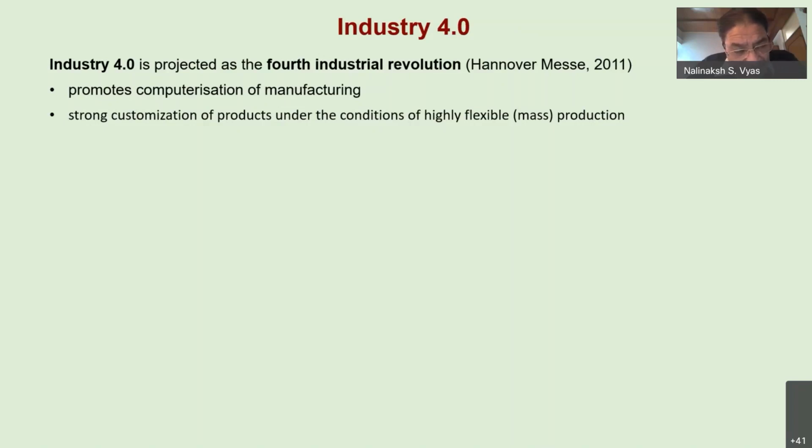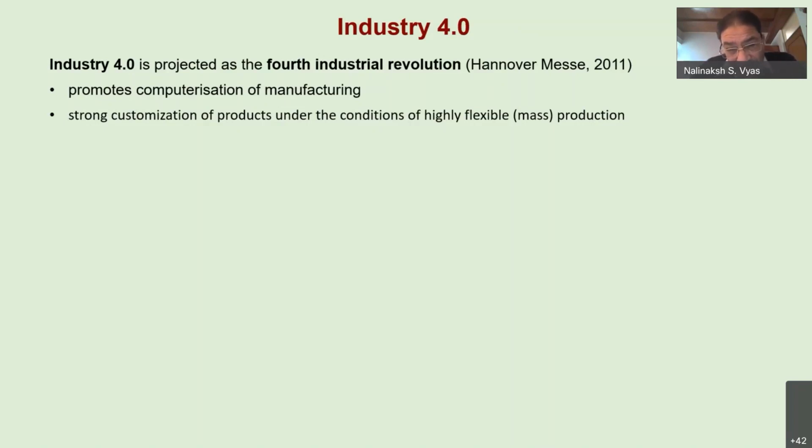It is connecting machine to cyberspace, to man, man to man, man to machine, and machine to machine. This kind of connectivity is now possible through the cyber physical technologies that have been developed.